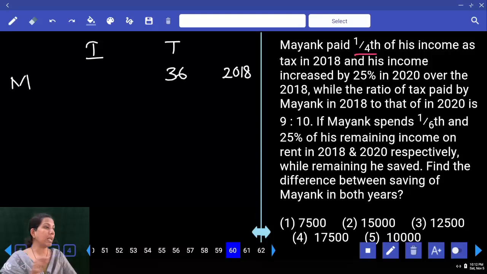This is exactly 1/4 of the income. Then income is equal to 36 into 4. What is 36? Double 72, double 144. So income of Mayank in 2018 is equal to 144.